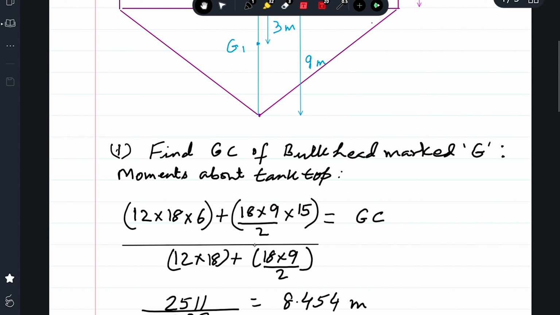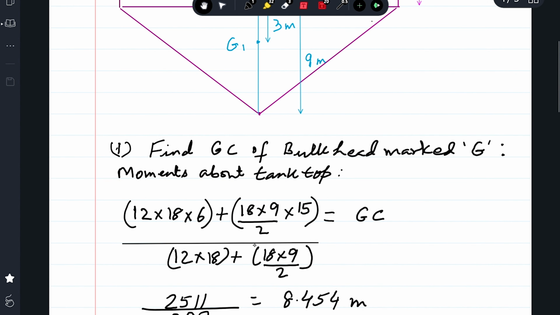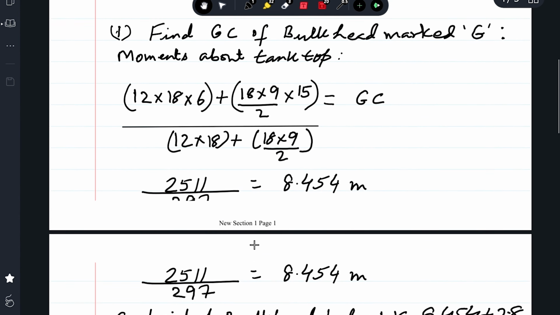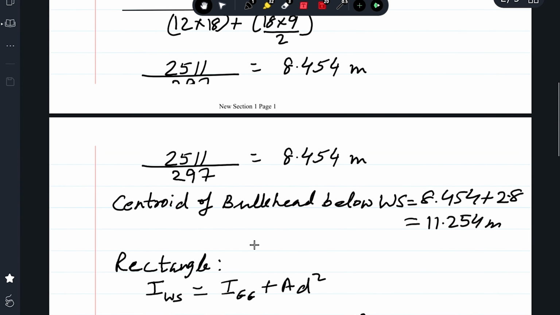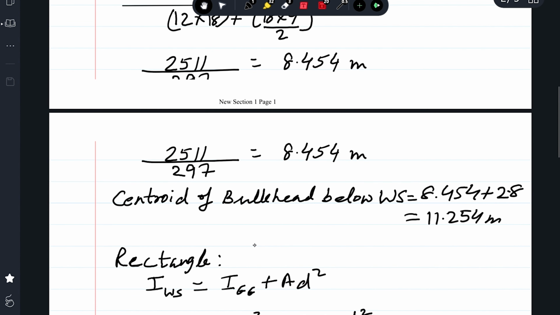So total moments, we add them, divide by total area. Area of the rectangle again 12 by 18 and area of the triangle half base into height, 18 into 9 upon 2. So I get the geometric center of the bulkhead is 8.454 meter below tank top, because we took moments below tank top. Total moment upon total area.